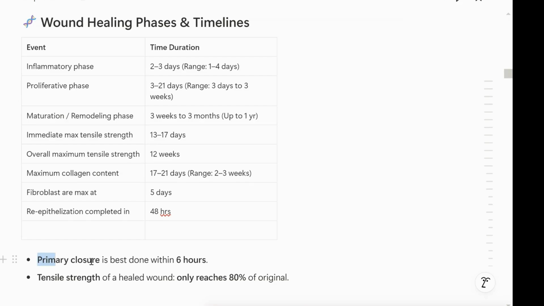Primary closure is done within 6 hours. They can ask you what the time limit for primary closure is. They can also ask that the tensile strength of a healed wound only reaches 80% of its original. It never reaches complete strength after any sort of injury.